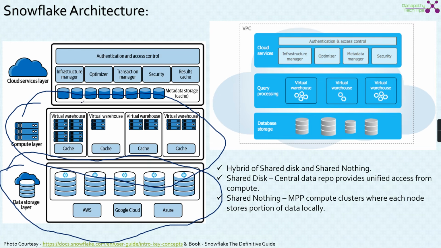Cloud services is a different layer, that is not a major one with respect to scalability and other aspects. It's completely different. It takes care of authentication and everything. We will discuss that in more detail. So shared disk is a centralized data storage provided to us in the form of the data storage layer on top of the cloud, and the compute is provided in the form of the virtual warehouse. By doing so, we are trying to combine both the worlds of shared disk and shared nothing.